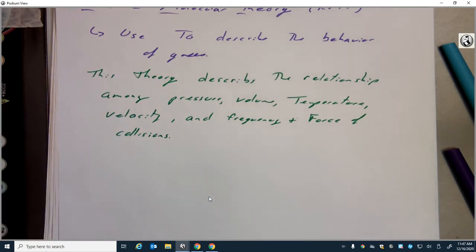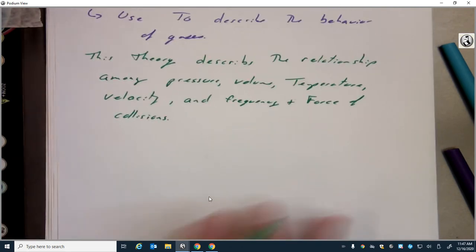Now, the KMT has four major ideas that we have to understand.